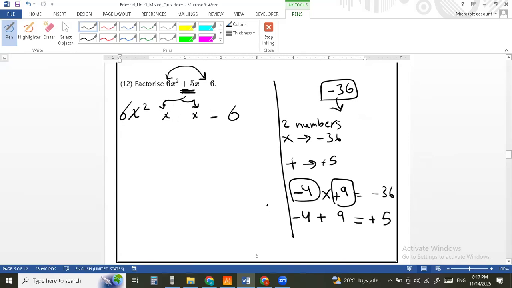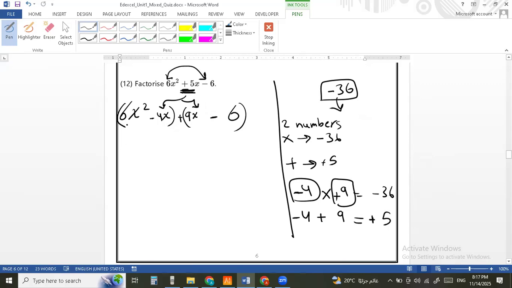But the first one will have the negative 4x, and the other one will have the positive 9x. So it is negative 4x plus 9x. Good. I broke the 5x into negative 4x and positive 9x. Now, what are we supposed to do? Group them this way and start factorizing.